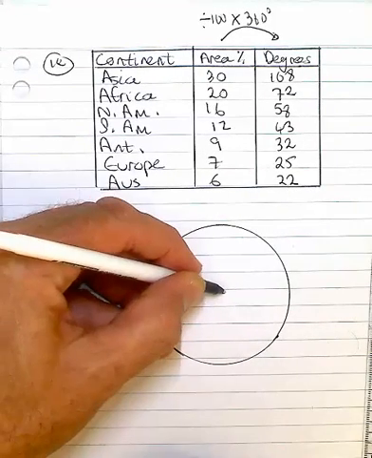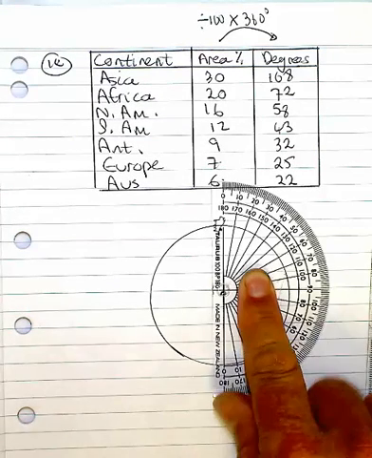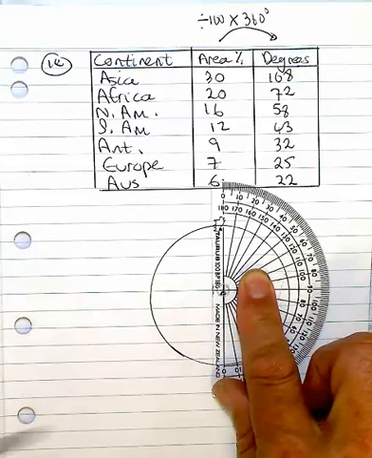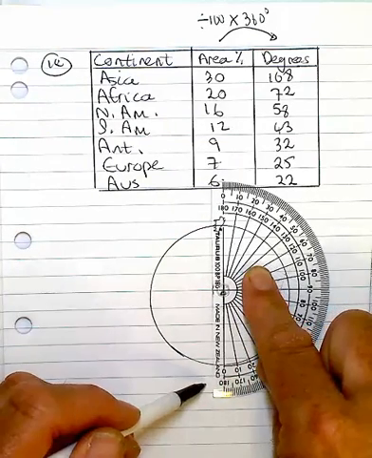Locate the approximate centre of your circle, and then what we'll be doing in a moment is to use our protractor in order to map out the degrees. So orientate your protractor so that the 0 is at 12 o'clock and the 180 at 6 o'clock.